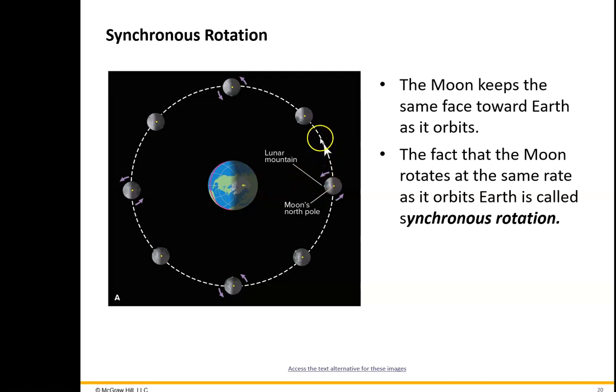Then I spin halfway around, and my hand is still facing the Earth, and then I spin 3/4 of the way around, and my hand is still facing the Earth, and then I spin all the way around, right? So I've actually done a complete rotation, but it's taken me one trip around the Earth to do that.